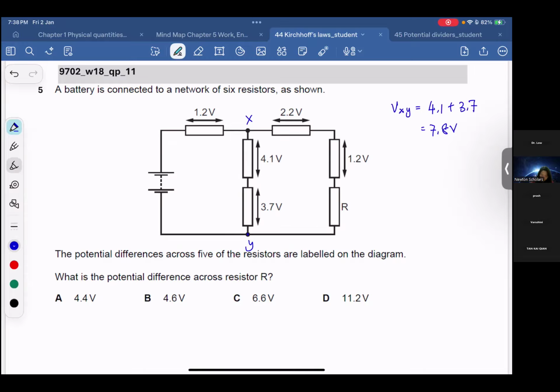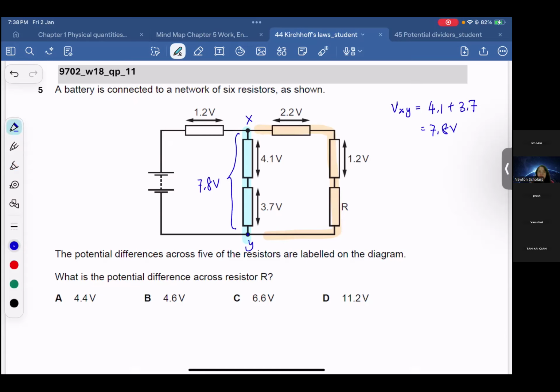That means this part, I use my highlighter, this part will have a voltage which is 7.8 volt. I just add it up together. In series, voltage we add up. Then I use another color, maybe pink, orange. This one is actually another path which is parallel.